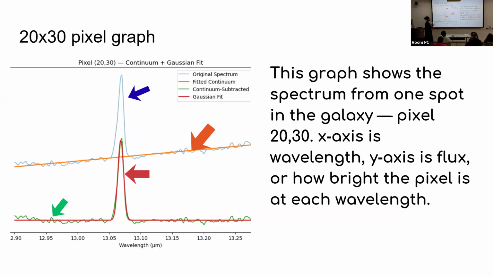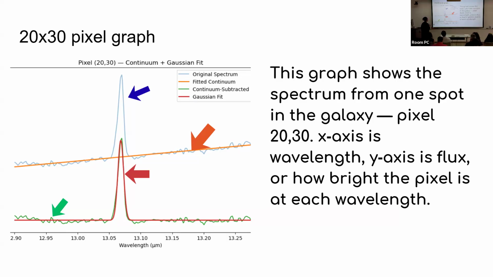The blue is basically the original spectrum of the line within that 12.9 to 13.3 microns. As you can see right here, this little spike is where the H2 is being shown. It basically indicates where the H2 is the strongest. The orange line is the continuum, which is just a smooth background height from the warm dust.